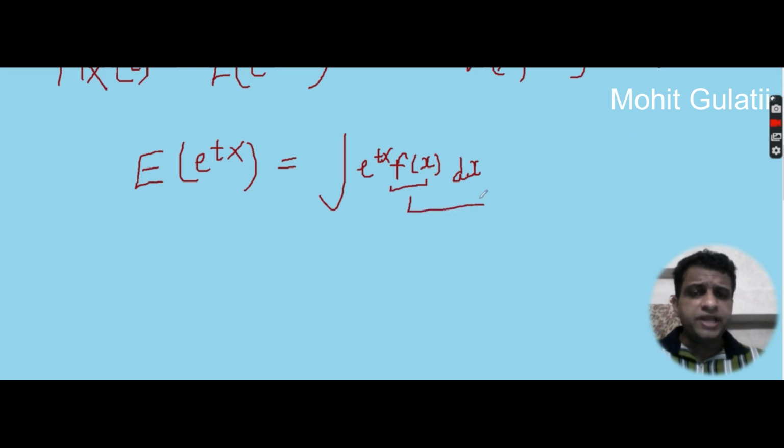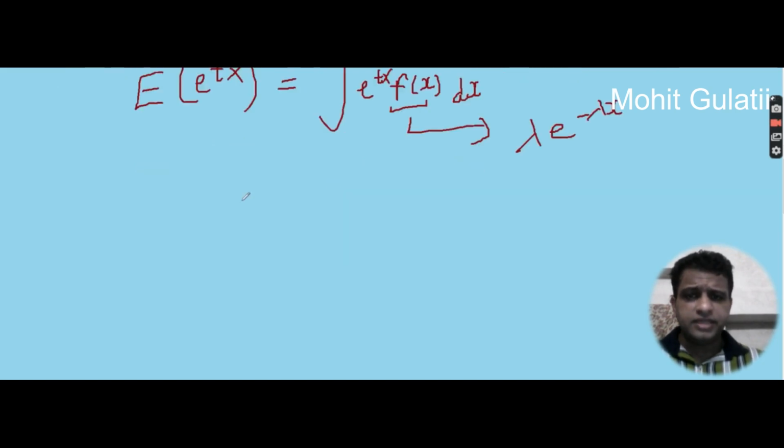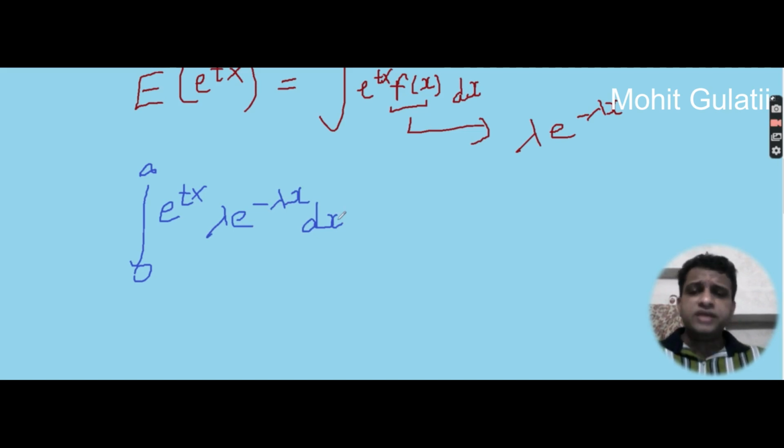Now this f(x) will be the PDF of the exponential distribution, so we will integrate it like this: integral from 0 to infinity of e raised to power tx times lambda e raised to power minus lambda x. Lambda is a constant, so I can take the lambda outside and write this expression like this.